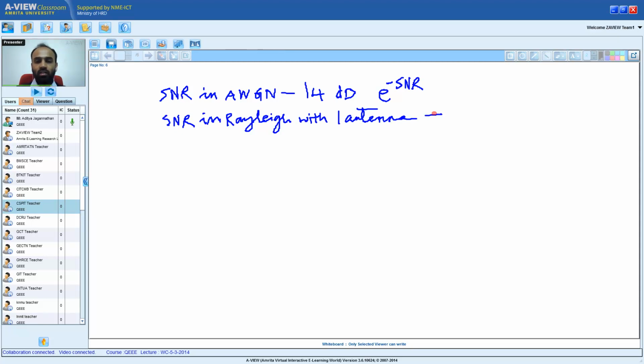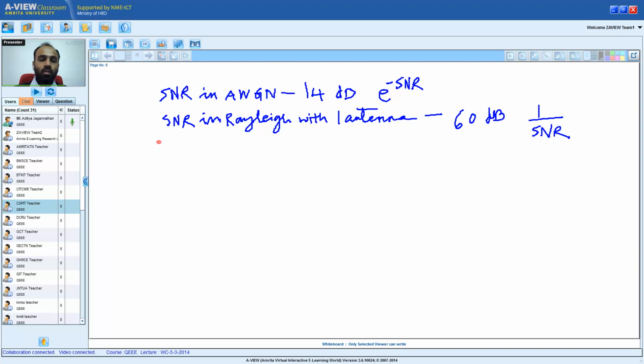With one antenna, we saw there is a drastic increase in the SNR that is required. Can someone remember what that is? That is 60 dB, because bit error rate decreases only as 1 over SNR. Everyone remember that?